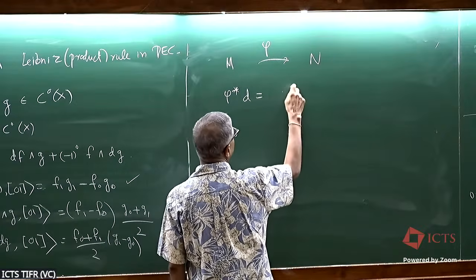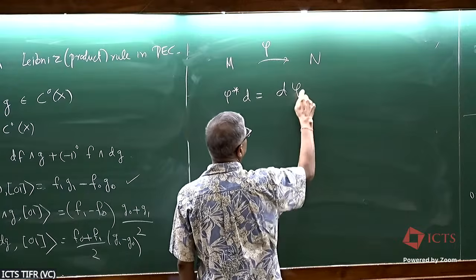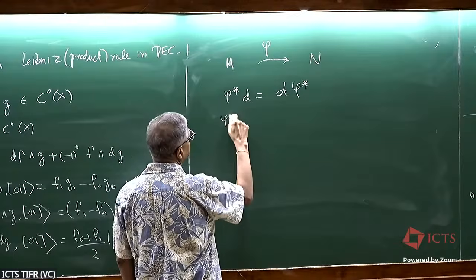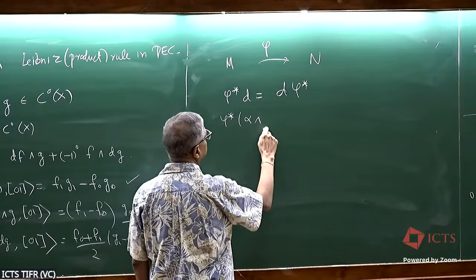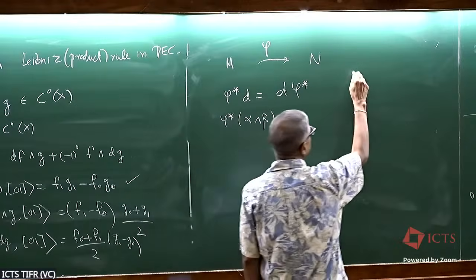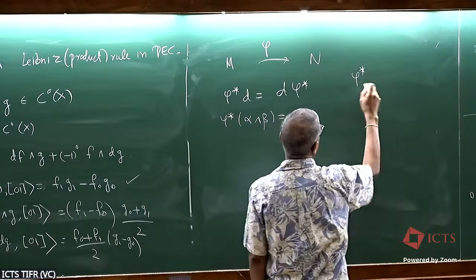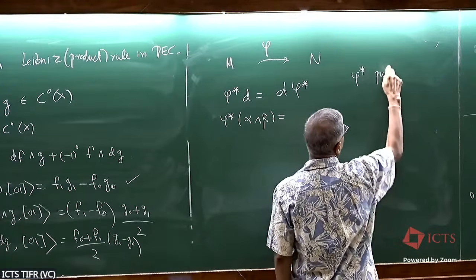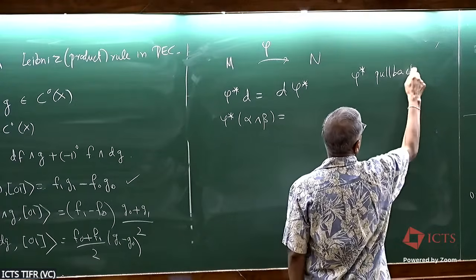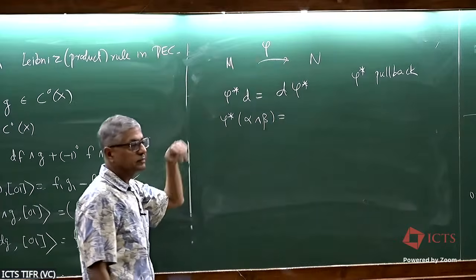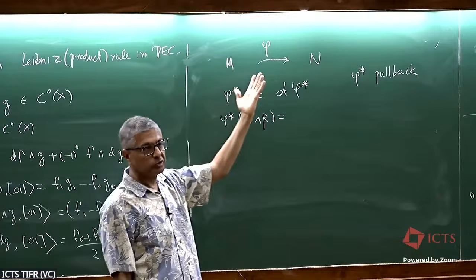So this is what the chain rule is. Another thing that's important is that this star notation is the pullback. P star is called the pullback, and it allows you to pull back forms from here to here. For functions, it's just a composition.